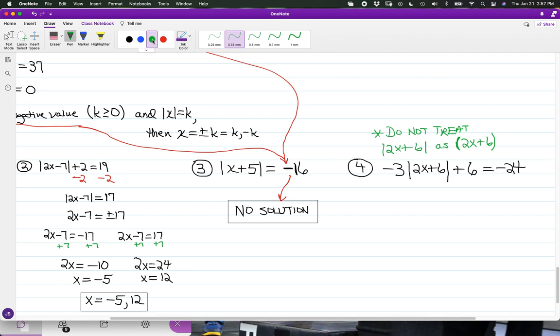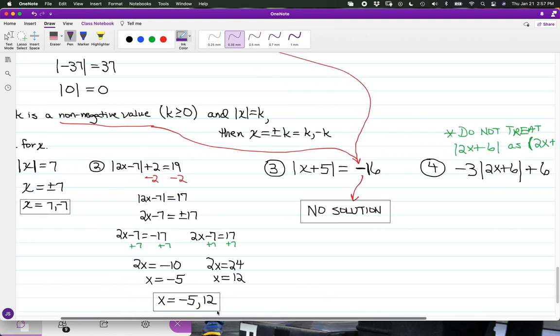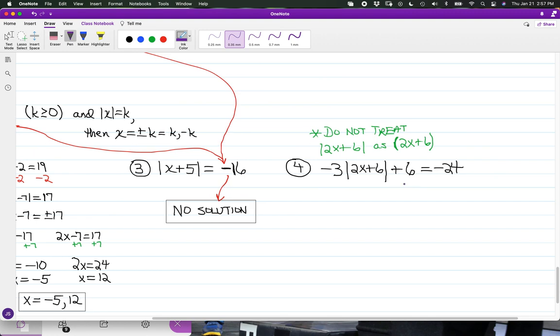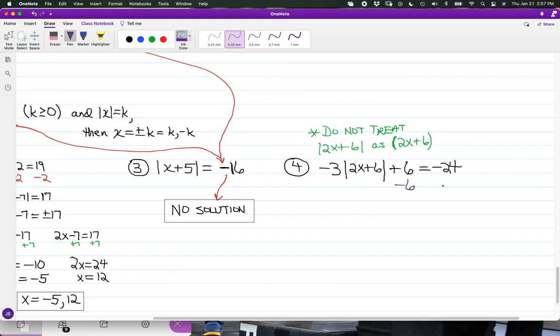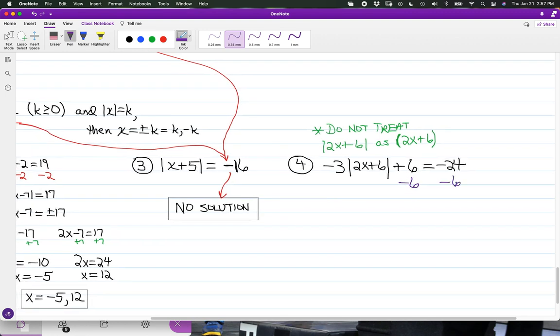So for what we have in this setup, just like what we did with the earlier case, I had addition of 2. Here I have the addition of 6. So I can just remove that constant by subtracting.